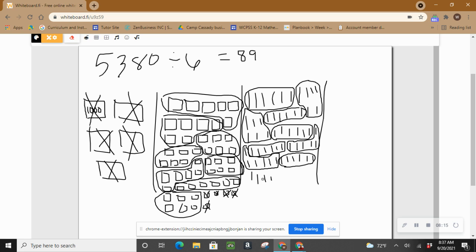I can't make another group. So I've got to take all of these and make them into ones. So when I cross out 1, that becomes 10 ones. All right, so those are my 10 dots. So I've got to do it again, 10 more.